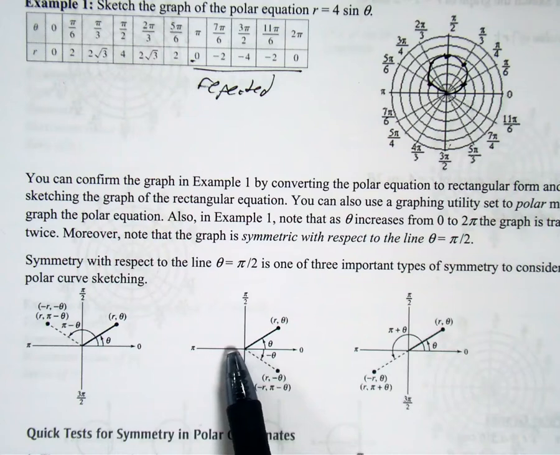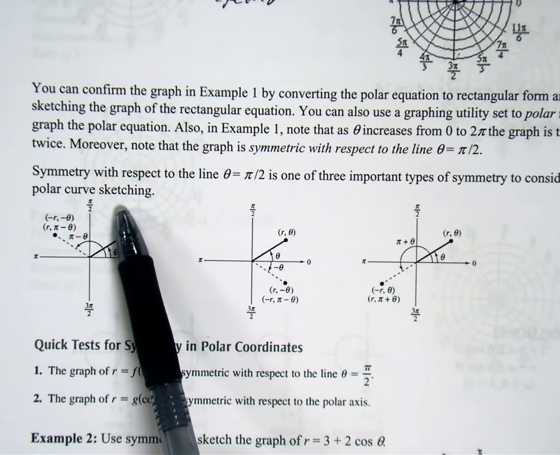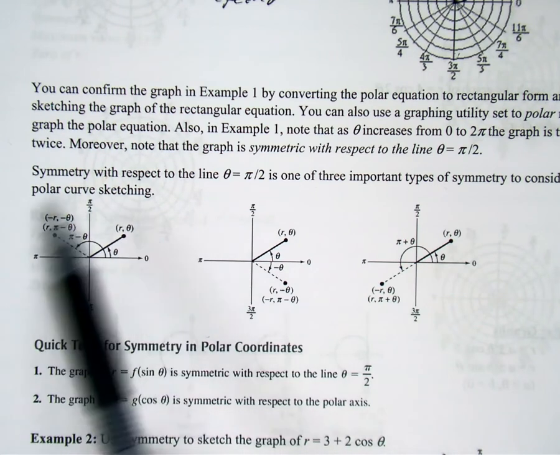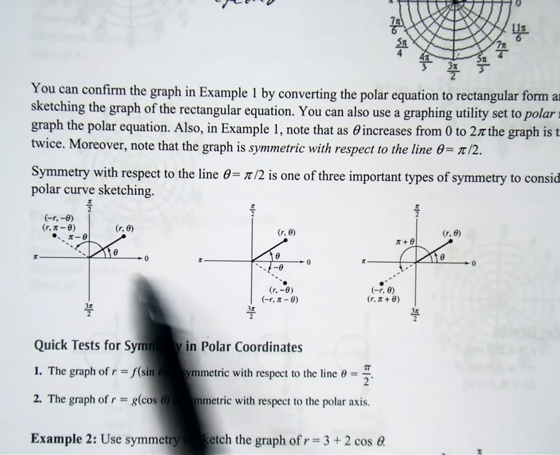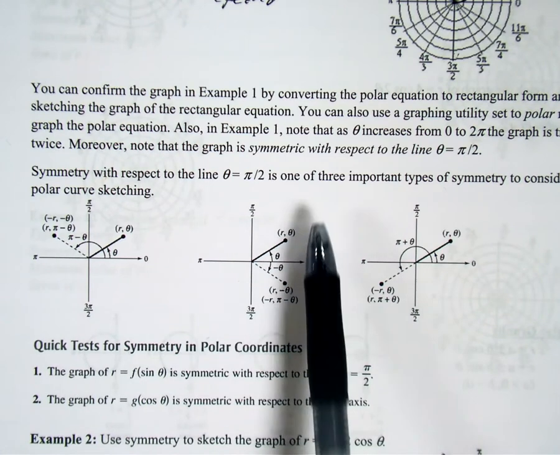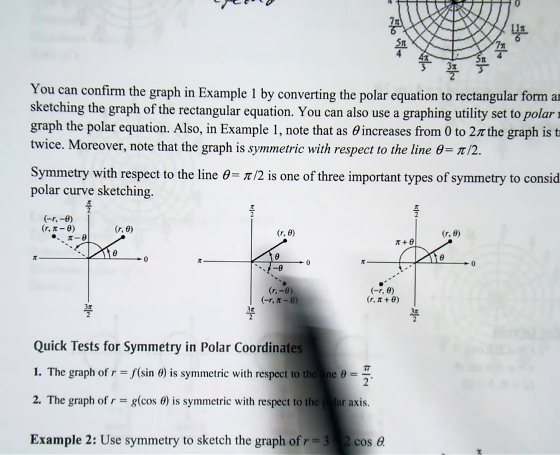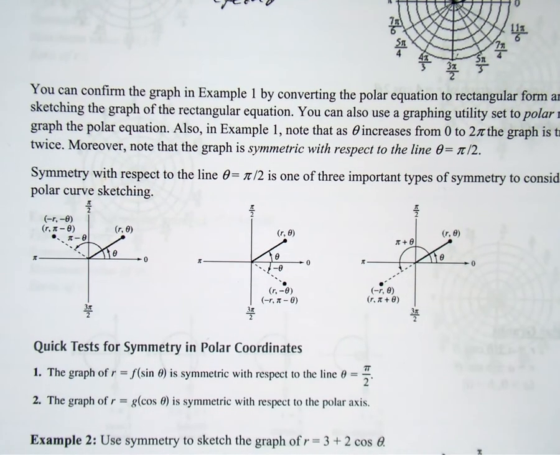We have three types of symmetry. We have a vertical line of symmetry where we can reflect it horizontally, theta equals pi over 2. We have a horizontal line of symmetry where we reflect it vertically over it, theta equals 0, the polar axis. And then we have rotational symmetry, where things will be 180 degrees or pi radians away from each other.